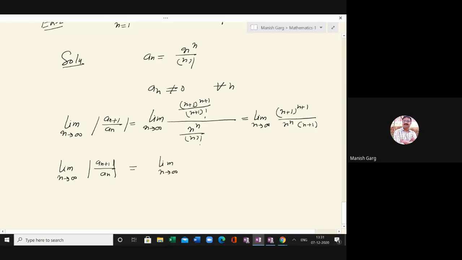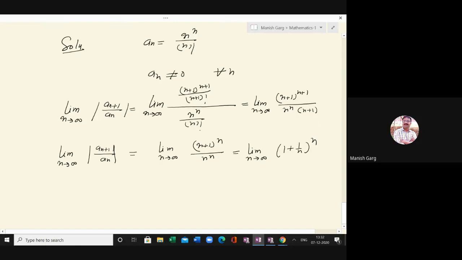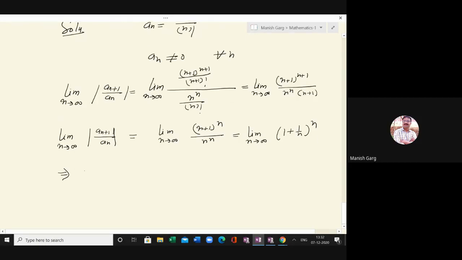Do some calculation: n plus 1 will be cancelled out, so this will be (n+1) raised to n over n raised to power n. The limit is standard: take n common here, so this will be (1 + 1/n) raised to n. The limit of mod a(n+1) over a(n) is e, which is greater than 1.